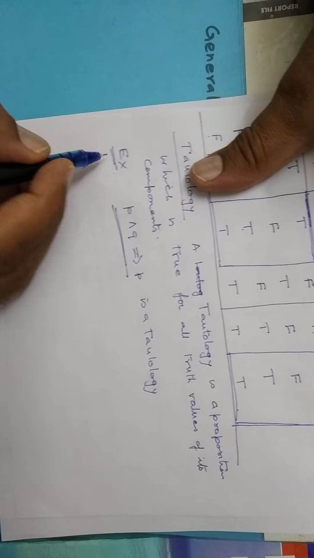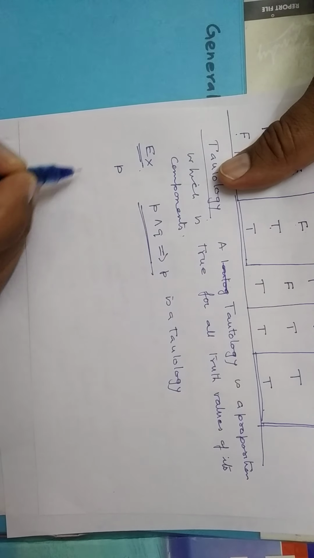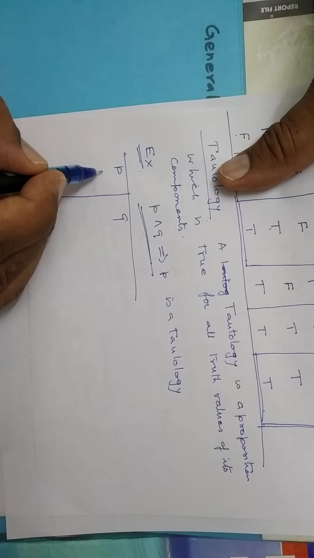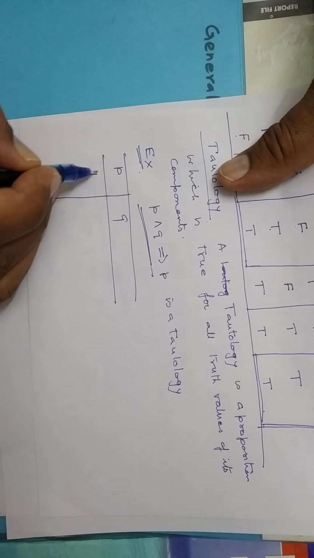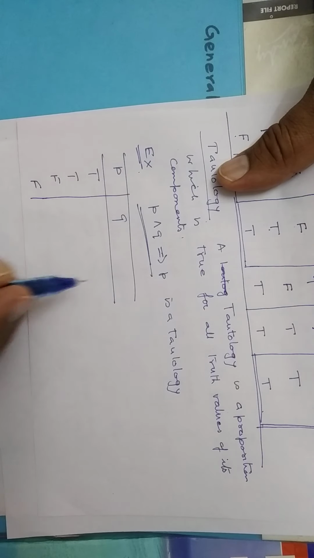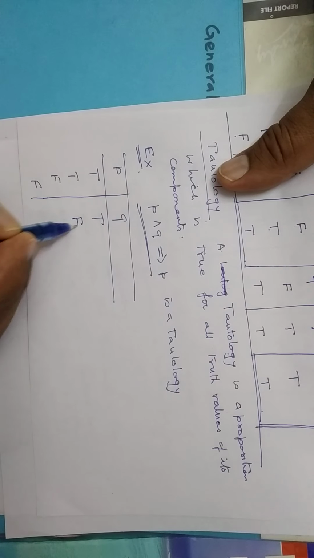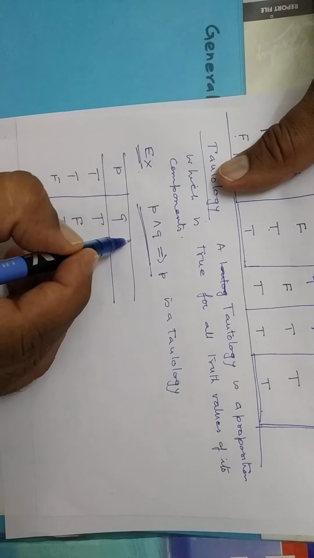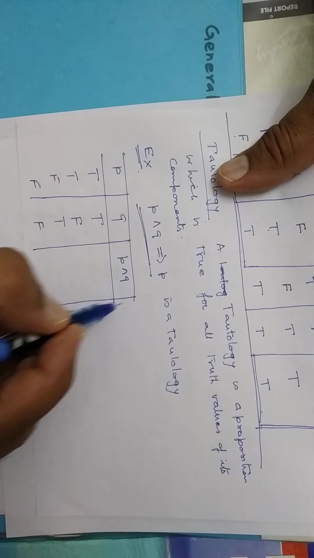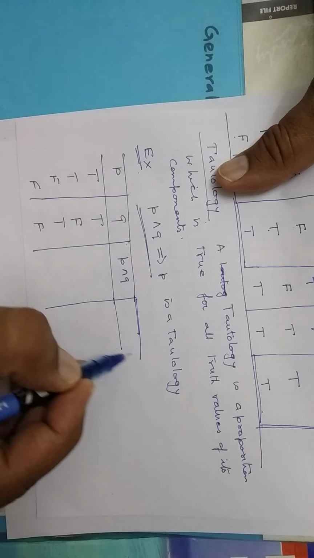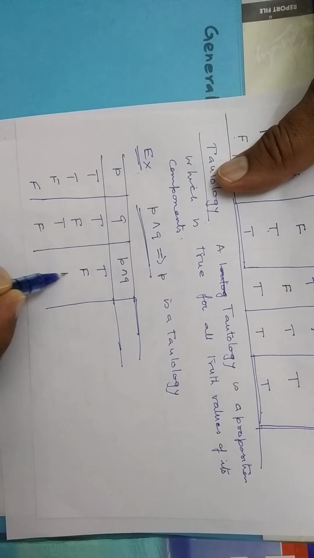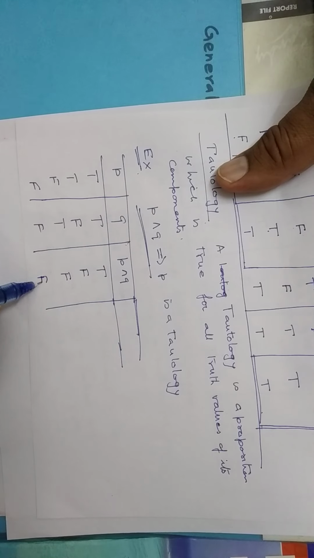If you take P, Q, the value of P is true, true, false and false. Q is true, false, true, false. P and Q: this is true, this is false, this one is false, and this is false.